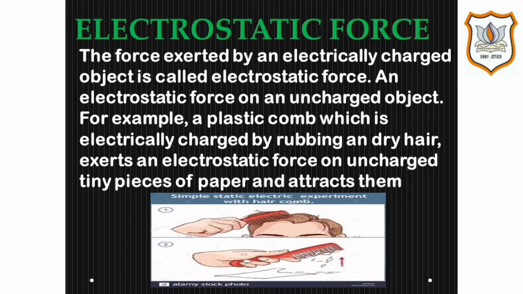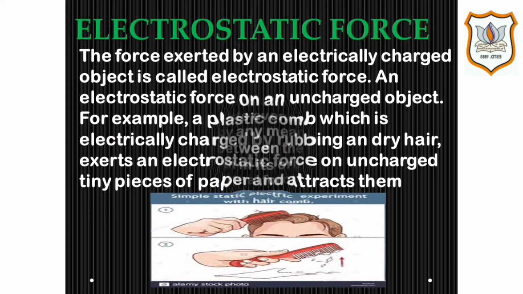So we can say that the electrostatic force can be exerted by a charged object on another object from a distance, even when they are not in touch with each other. So electrostatic force is an example of a non-contact force.